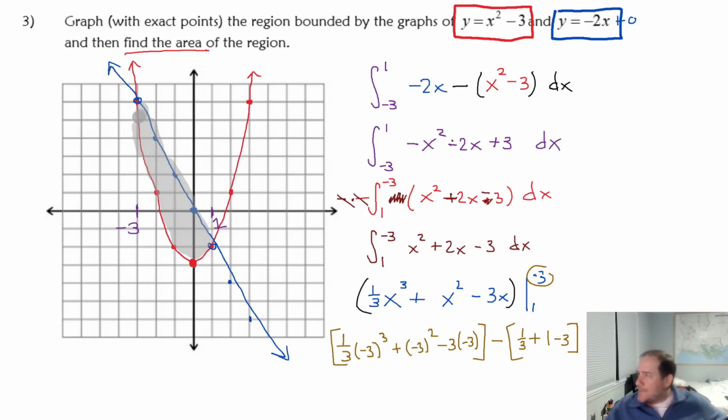But now we evaluate. So I'm looking at -27, and 1/3 of -27 is -9. Then I'm looking at a +9, so those will very conveniently cancel. Then I'm getting another +9. And over here I'm getting what? 1/3 take away 2.